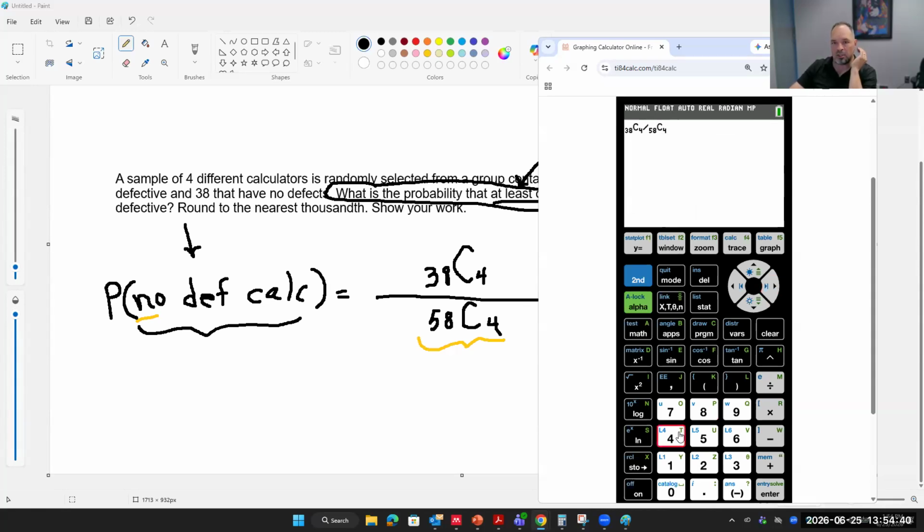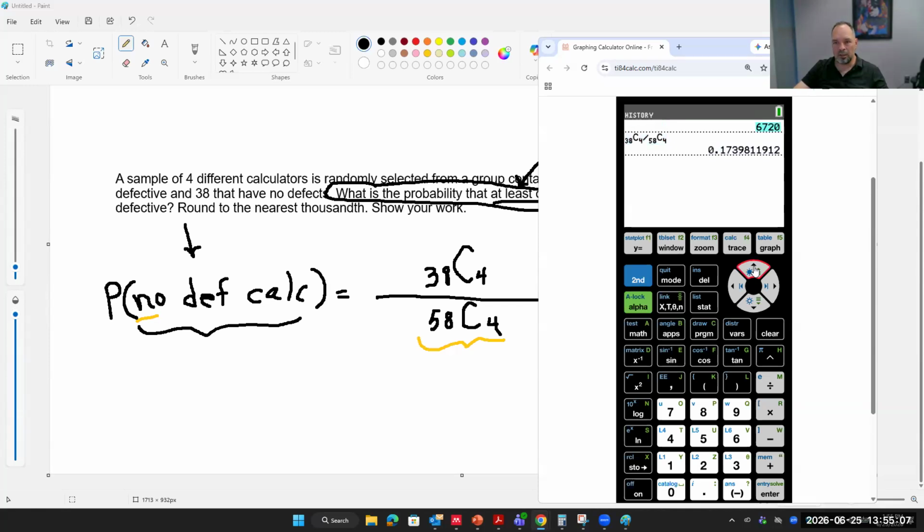Now remember, that's choosing non-defective. There are 0.174% of the ways of choosing 4 are 4 non-defective.